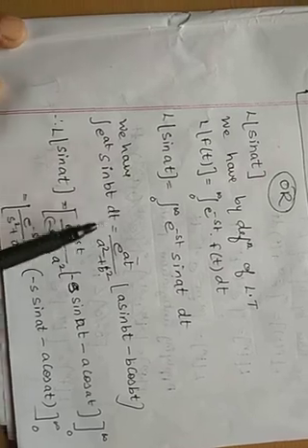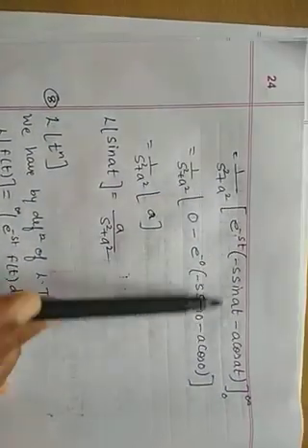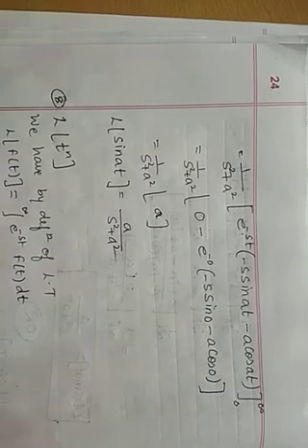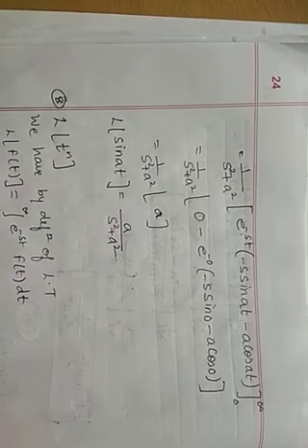In place of a, it is minus s. In place of b, it is a. Simplify the terms, upper limit minus the lower limit. You will get the sine function's Laplace transform. When you simplify this, it will be the Laplace transform of sin at.